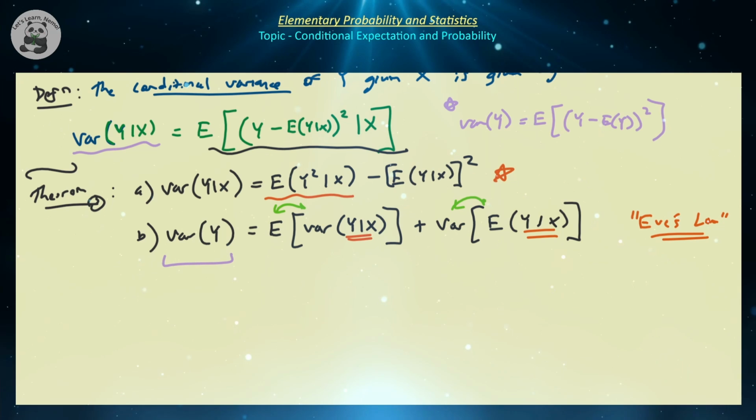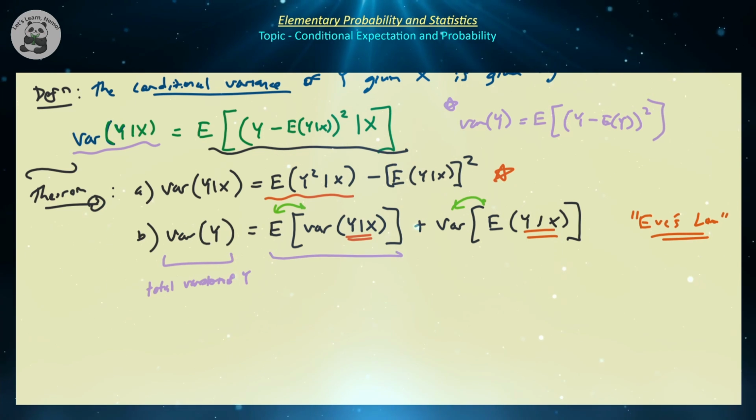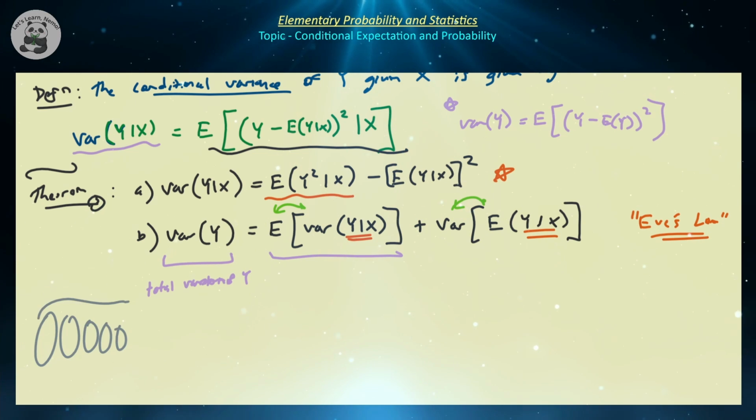Because when you start talking about ANOVAs, this looks like the total variation of y. The first term is sometimes referred to as the weighted average of the variation within the groups that you're studying. For example, if you're trying to see if there's a significant difference across these groups, the mean of this group, mean of that group, is there a significant difference between the means across all 5 groups?